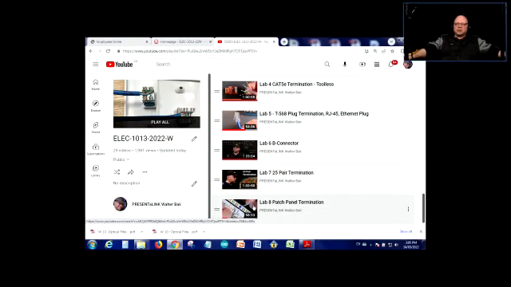Some of the labs are a little bit shorter, so we can fit two during one session. I just decided that these require a little bit more attention as far as detail goes, and they're a little bit more labor intensive. So this one is just one lab per week, and the next one, patch panel, is also going to be one lab per week.